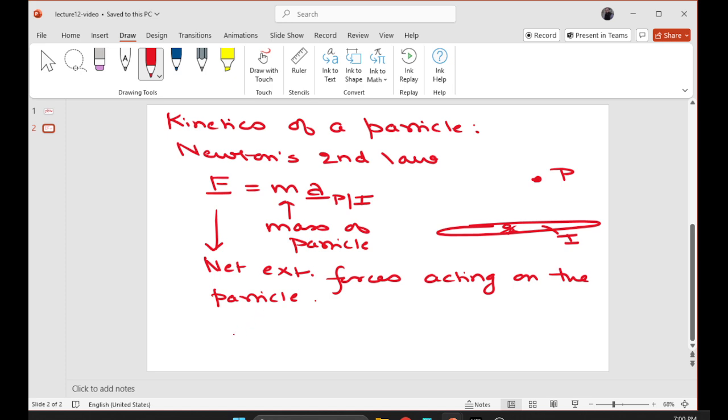This is a vector relationship, and with the help of this vector relationship, one can find a_P^I provided the mass of the particle is known and the net external force acting on the particle is known.